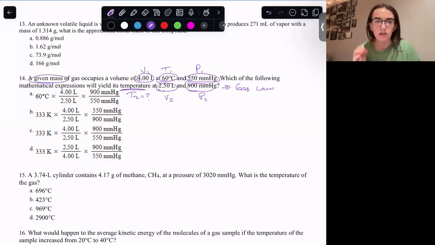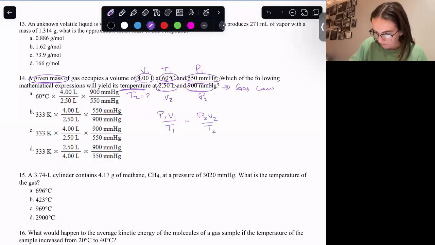So this is the combined gas law: P1 V1 over T1 equals P2 V2 over T2. We are solving for temperature 2, so we're going to rearrange our equation.